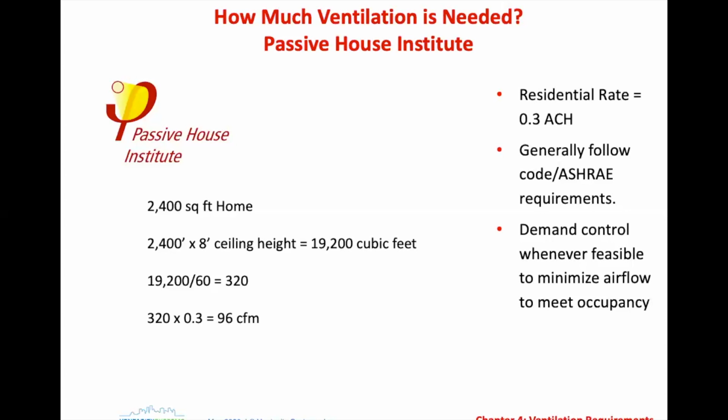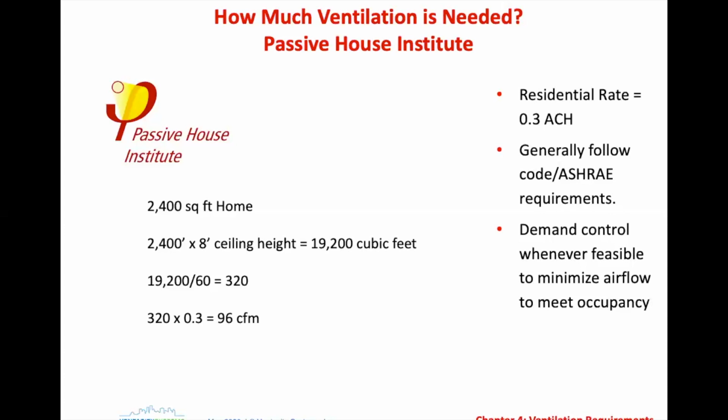You would then do your returns. You'd figure out what your bathrooms at 24 CFM per bathroom and your kitchen, and you add up all your exhausts and you determine which one of those is greater. And then that's your design ventilation rate for that dwelling.